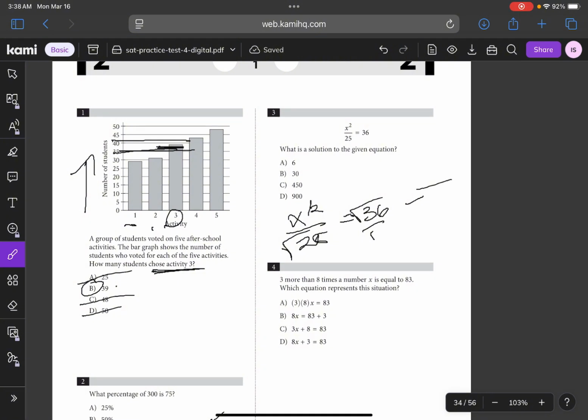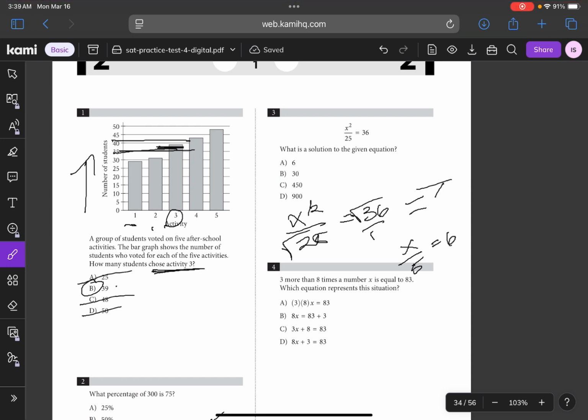So this new question changes, and it becomes x over the square root of 25, which is 5, equals the square root of 36, which is 6. So we know that x divided by 5 equals 6.